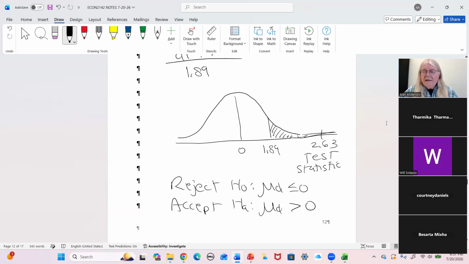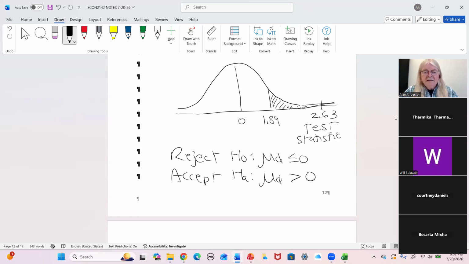And by the way, that means that the new drug is working, because it lowers, we have hard evidence that the mean is lower, which means that the drug is lowering our cholesterol.